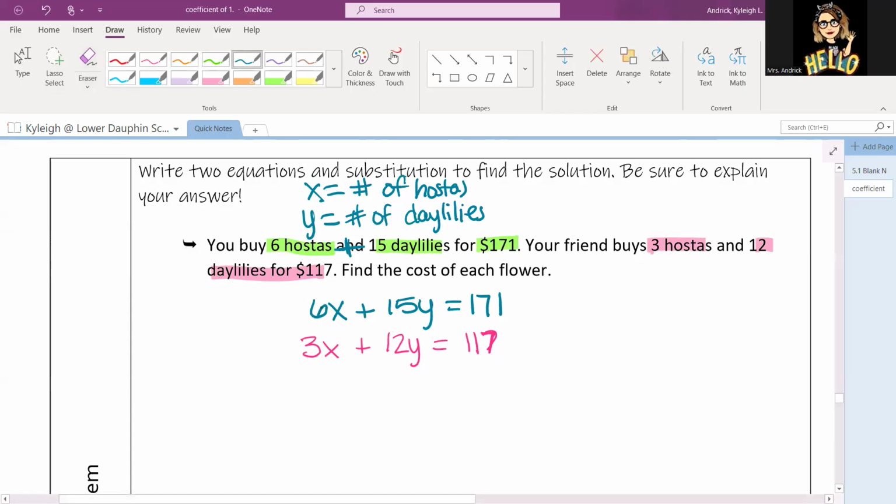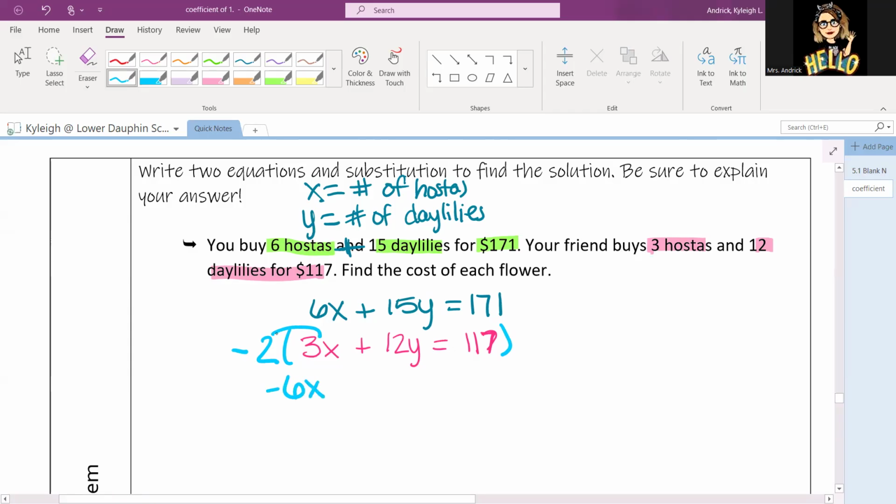I can multiply 3 by 2. And when I do that, it becomes 6. But then they're the same signs, and I need them to be opposite signs. So instead of just multiplying by 2, we're going to multiply it by a -2, because then I'll have a 6 and a -6, which is what I want. So let's multiply this by -2.